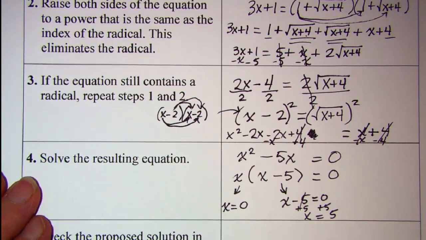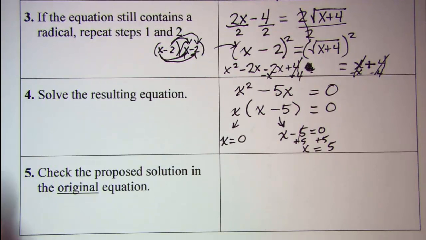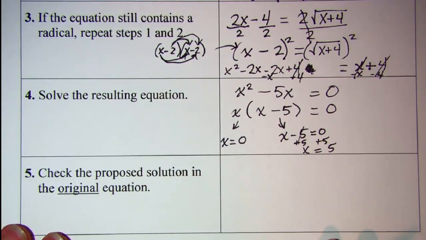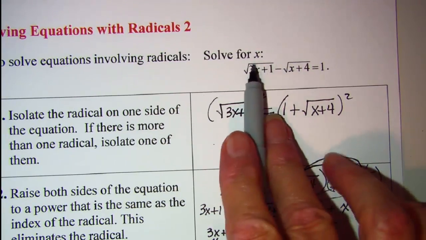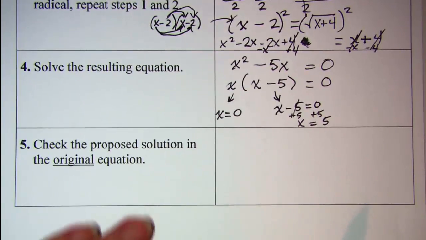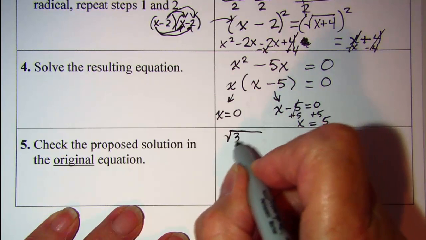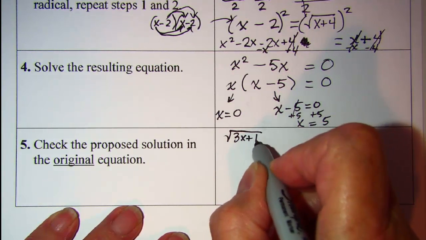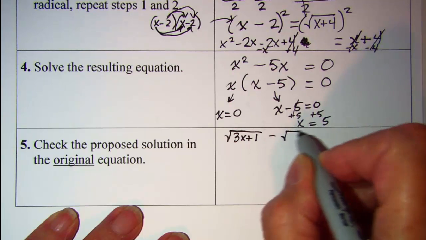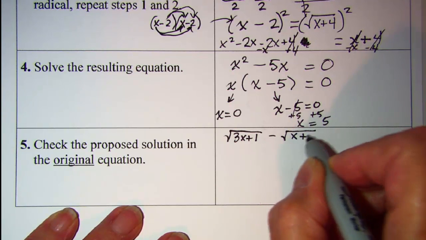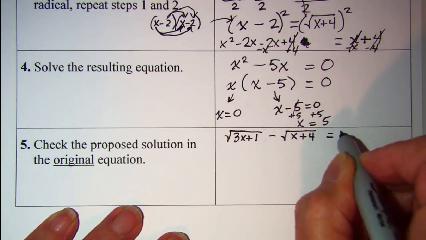Now, before you can go on to the next problem, you need to check your solution in the original equation. So my original equation is up here. I'm going to copy that down and then we can check it. The original was square root of 3x plus 1 minus square root of x plus 4, and that has to equal 1.